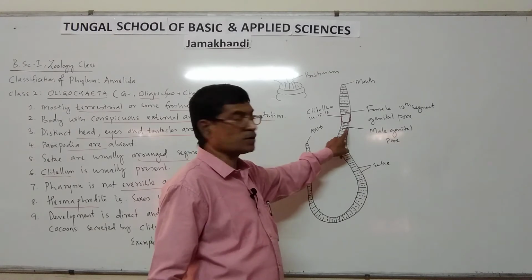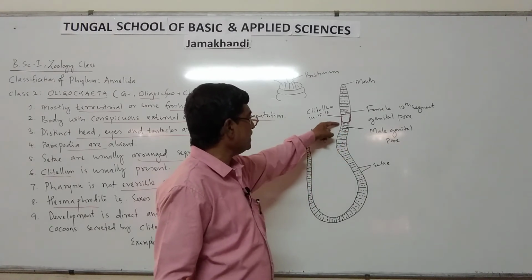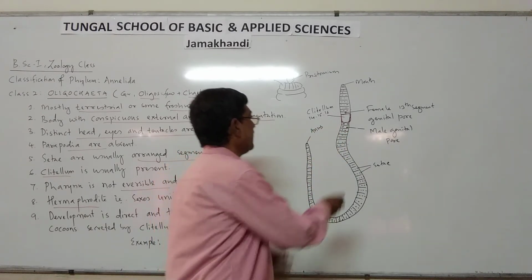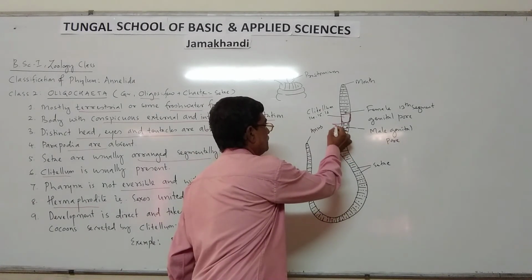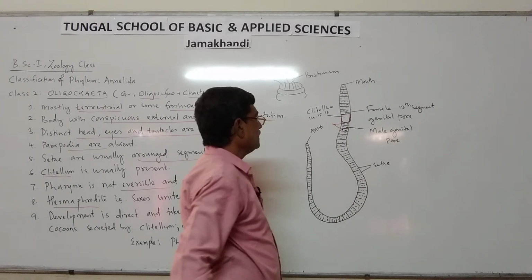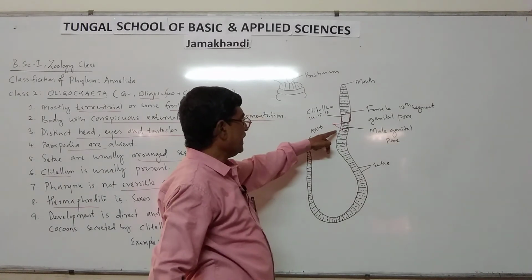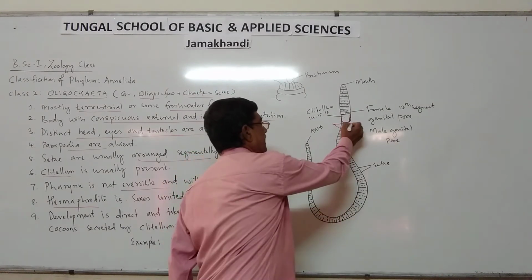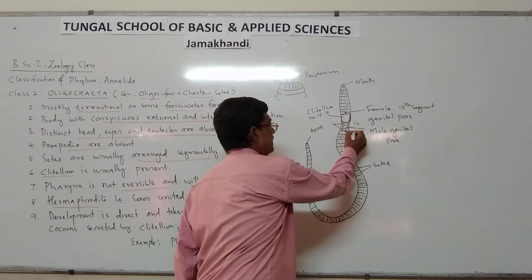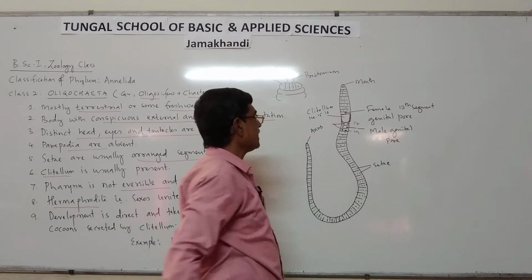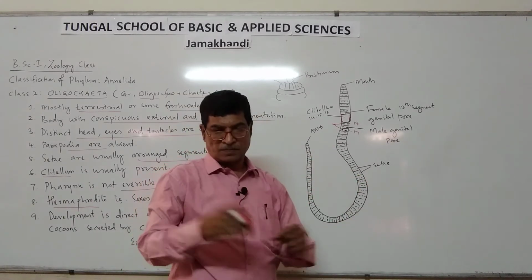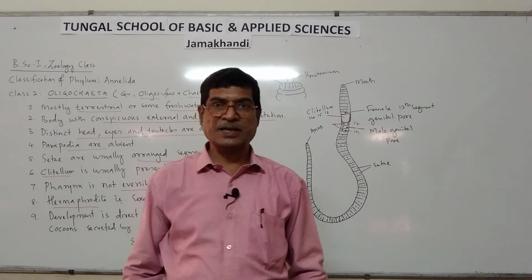Two male genital pores are present, and there are genital papillae on the 17th and 19th segments. Segments 14, 15, and 16 form the clitellar region.